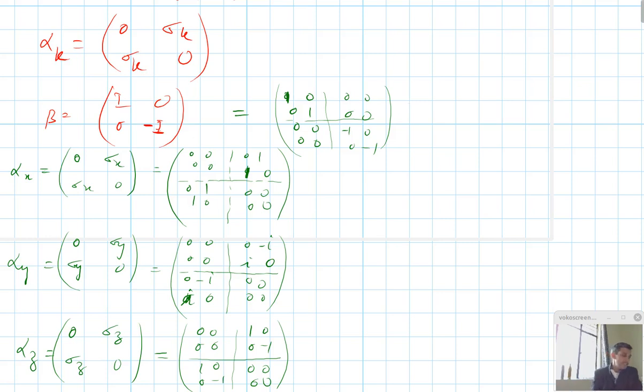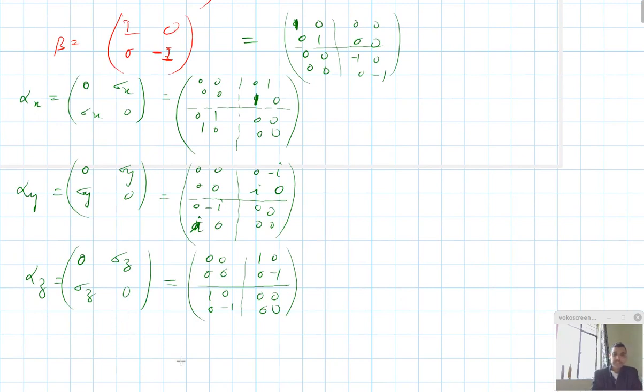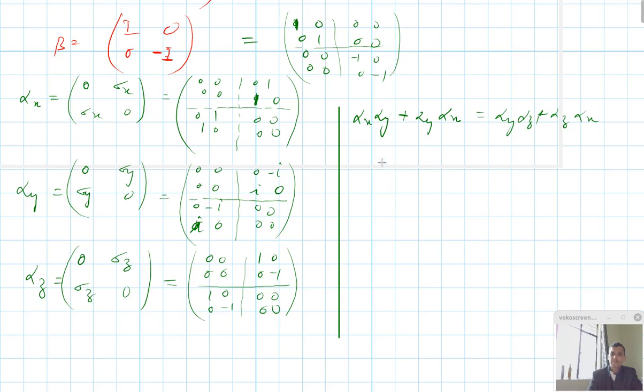So these are the Dirac matrices which we are getting, and they must satisfy the relations that alpha x alpha y plus alpha y alpha x is equal to alpha y alpha z plus alpha z alpha y, is equal to alpha z alpha x plus alpha x alpha z, and it is equal to 0.